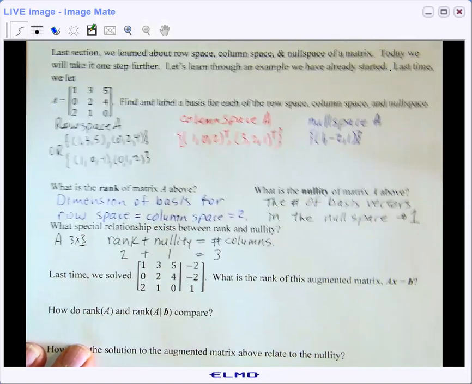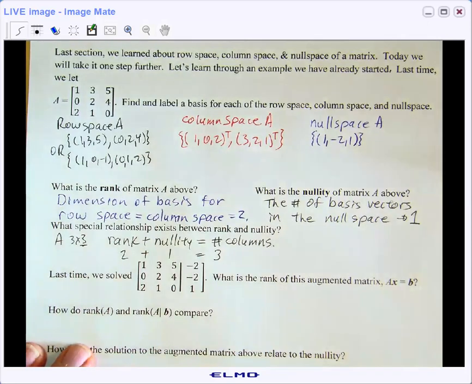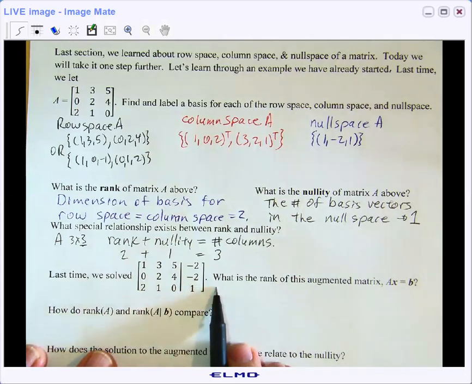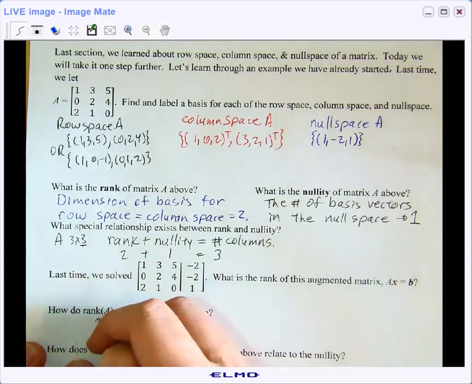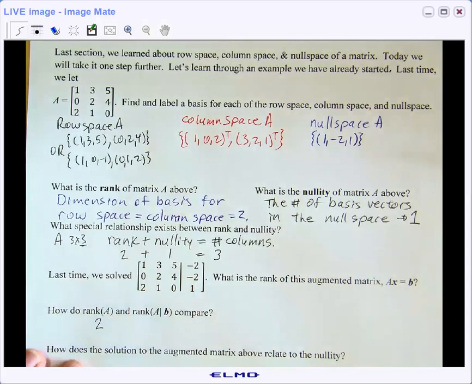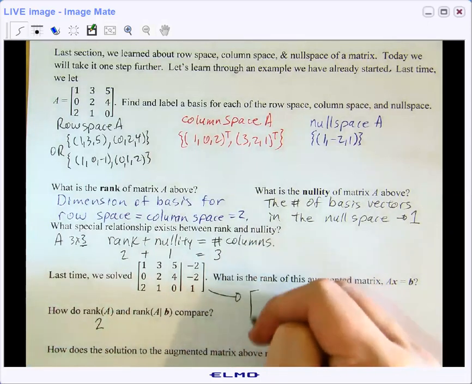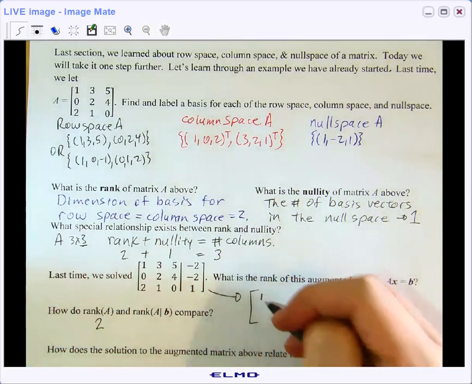And last time we even solved this matrix with a particular set of constants. And if we take a look at the rank of A, rank of matrix A is 2. And when we solve this guy, let's quickly remember what we got from doing that last time.